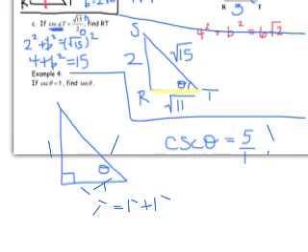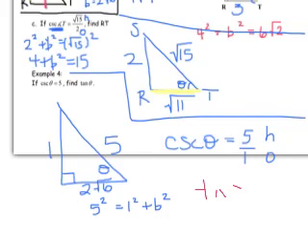So tangent of theta is going to equal, so tangent of theta is equal to TOA, opposite over adjacent.